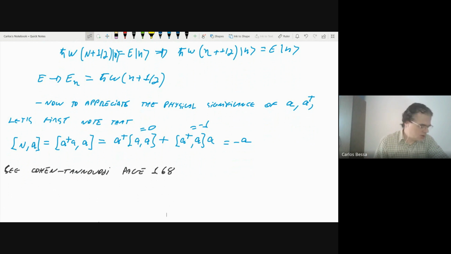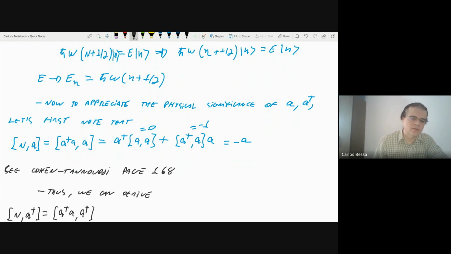Okay, so using this, we derive this. This is N, the same thing for N and A dagger. And it will be simply A dagger. And you can show that this will be A dagger. Okay. Using the same relations we used here.